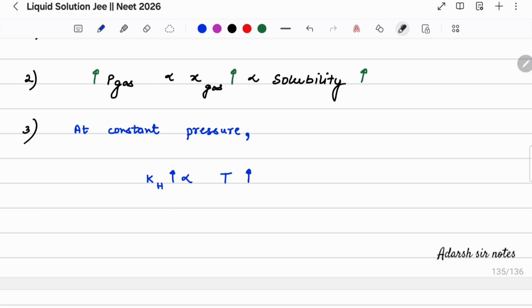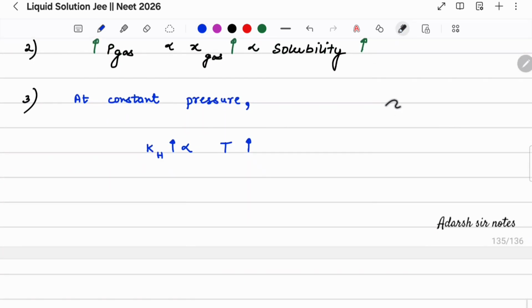Now think logically, if temperature is more, just let me give you one example. Suppose you have one cold drink bottle. This cold drink bottle you put in the refrigerator, and another cold drink bottle, same company, amount, everything same, you are keeping on the rooftop. The sun is there.